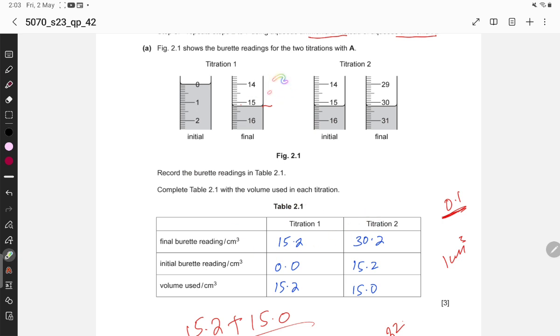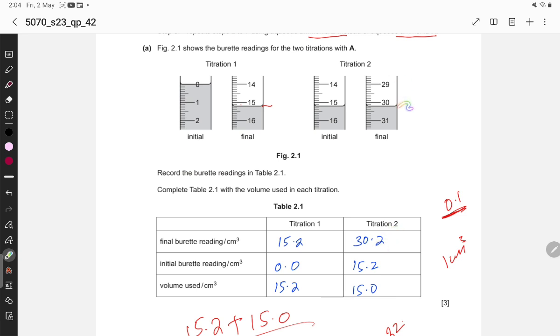This is the final burette reading of titration 1. Final burette reading is 15.2. So this is 15.2. Initial is 0.0, and when we subtract we get 15.2, the volume used in titration 1.